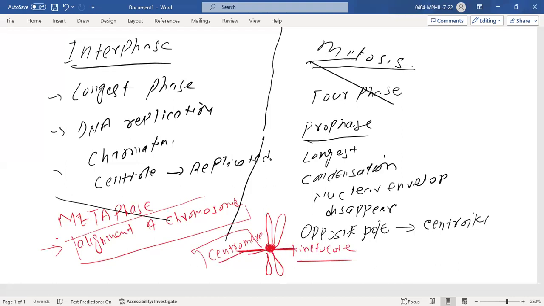On the other side you have the centrioles, which were part of the centrosome first. So the spindle fibers from the opposite poles of the cell will attach at the kinetochore. That's why the chromosomes will be aligned on the equator. This is the whole concept.